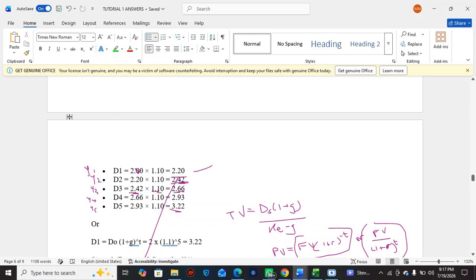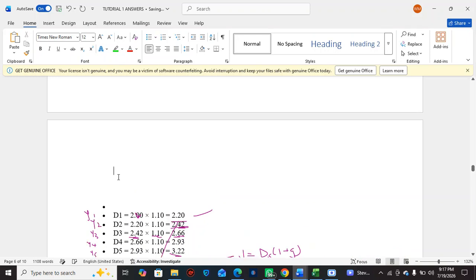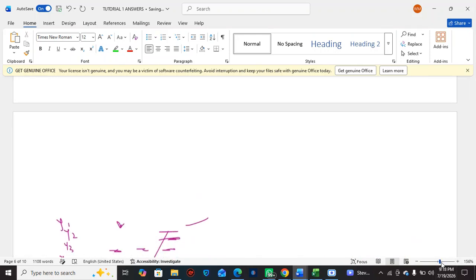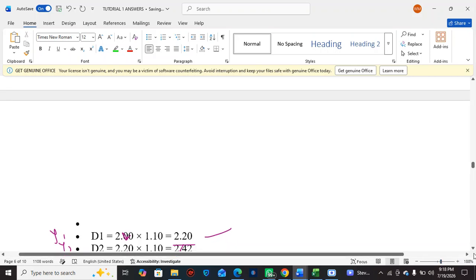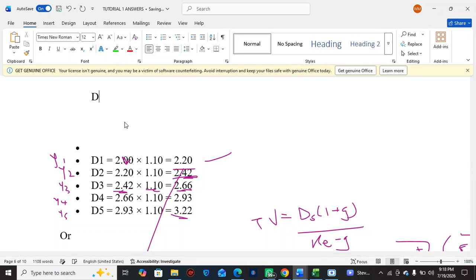Let me just make space here. So we're going to start with year one, which is the next year. We want to find out the expected dividend for year one. Let me put the formula here first so that as we are solving, we still remember it.